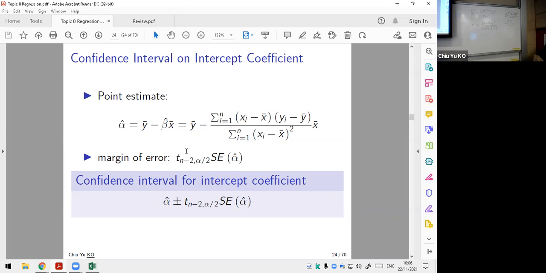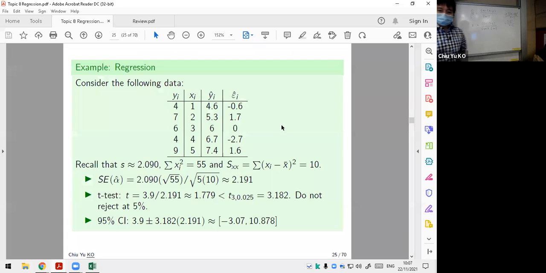Okay, but let's see the example. Again, we have this. We know the alpha and the beta. So what's the goal? The first thing is we want to check whether alpha hat is different from 0 or not. I don't know whether you can see this, but let me erase this one.